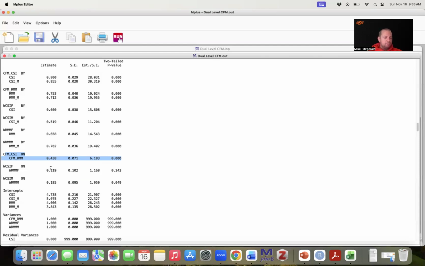But at the individual level, a one standard deviation unit increase in relationship mindfulness for women results in a 0.119 standard deviation unit increase in relationship quality for women, but that is not statistically significant. Likewise, a one standard deviation unit increase in men's unique perceptions of relationship mindfulness results in a 0.185 standard deviation unit increase in males' unique perceptions of relationship quality, but that is not significant.